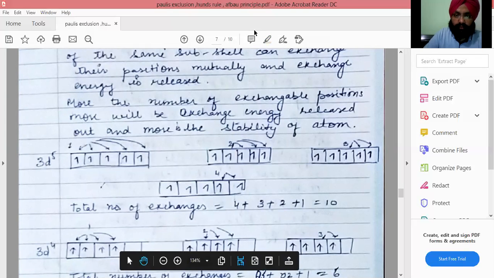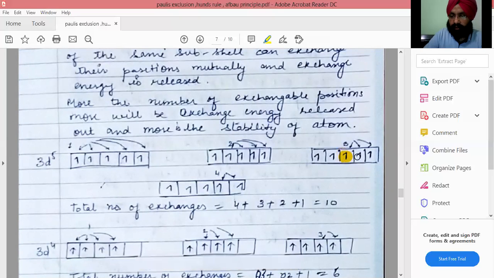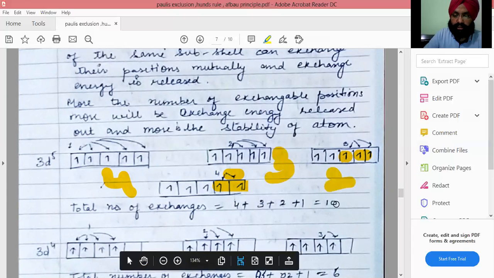In the third picture, the electron in the third orbital can exchange its position with these 2 orbitals. In the fourth picture, the fourth orbital electron can exchange its position with 1. So here 4 total exchanges, here 3, here 2, and here 1. The total exchanges are 10.